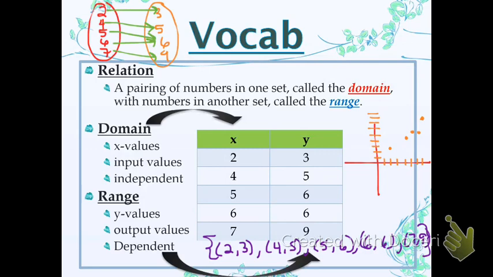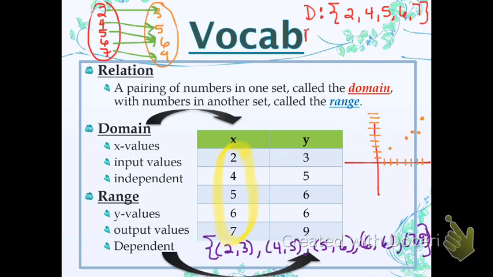So in all of these questions, the domain is this list of x's. So if you were asked to find the domain, you would write your answer as a set, and you'd say that the domain is 2, 4, 5, 6, 7.